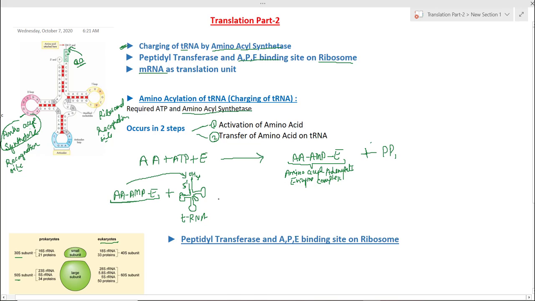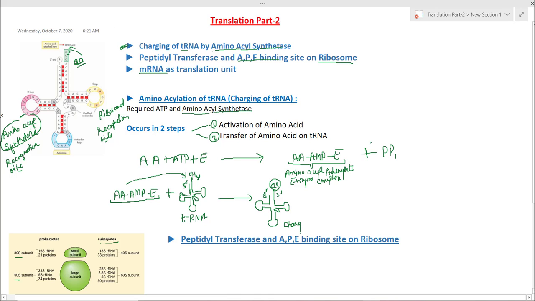In this reaction, what product will we get? We will get our charged tRNA. Now tRNA is loaded with amino acid. This tRNA was not charged, and now it has an amino acid on its 3' end. This is the 5' end, this is the 3' end, and now on the 3' end there is an amino acid. Now this tRNA is known as charged tRNA.